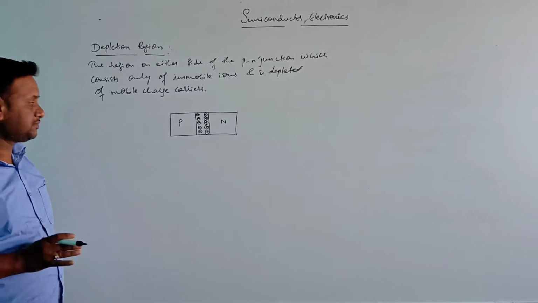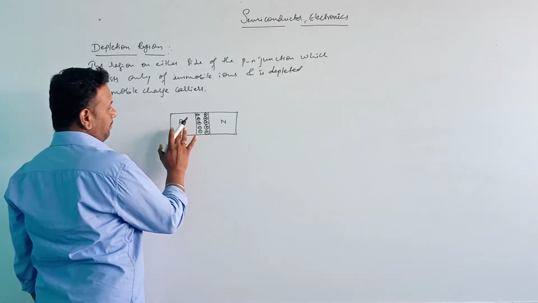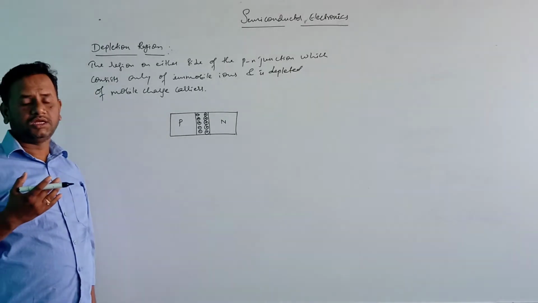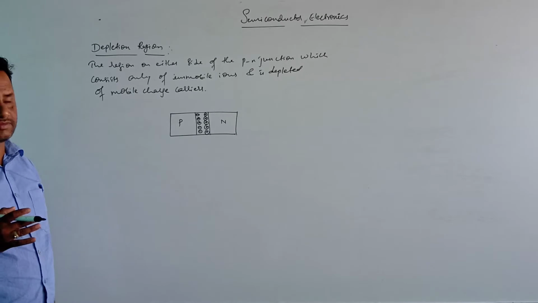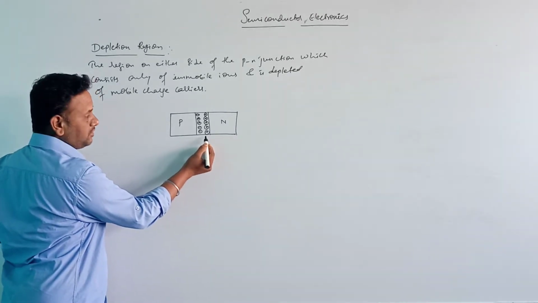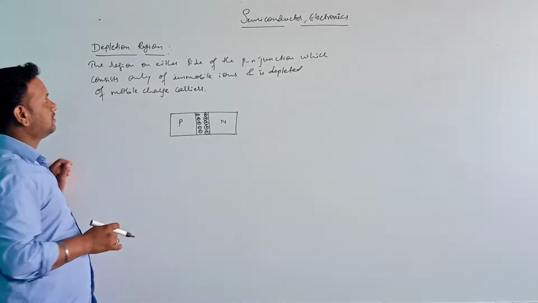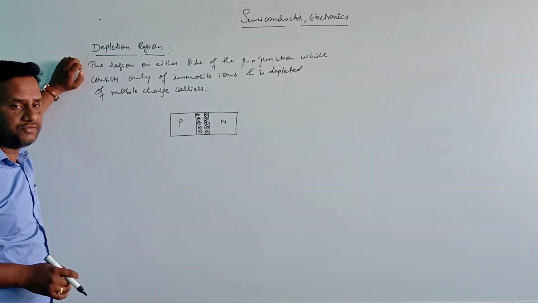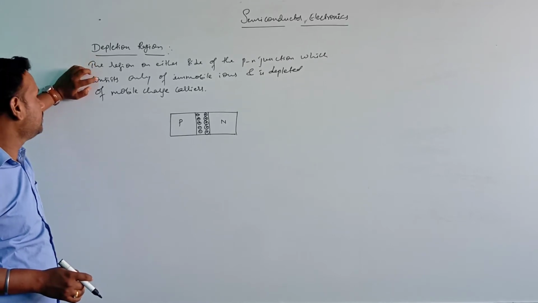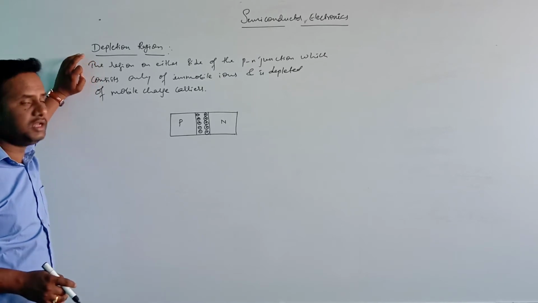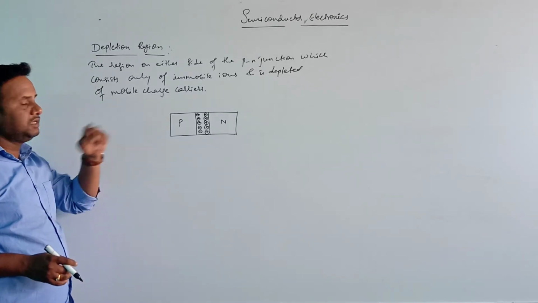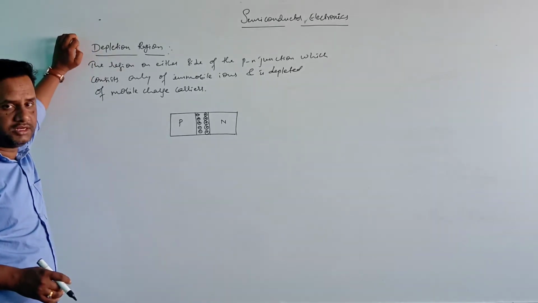In the P region and N region, some immobile ions are present. This region is called the diffusion region. Here I have written the definition: the region on either side of the PN junction which consists only of immobile ions, and is depleted of mobile charge carriers, is called the diffusion region.